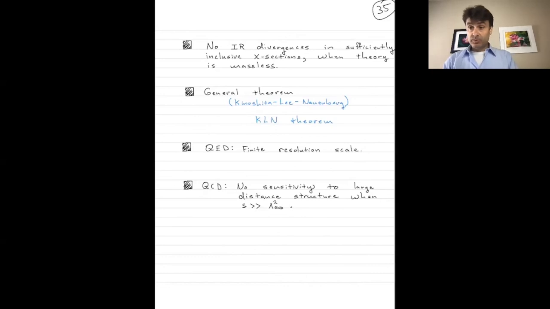There's a very general treatment of this to all orders in perturbation theory in both initial and final states. This generally goes by the name Kinoshita-Lee-Nauenberg theorem, the KLN theorem. Okay, and in QCD, it's critical for preserving the lack of sensitivity to things that we can't calculate with Feynman diagrams. So yeah, that gets into things like factorization theorems.